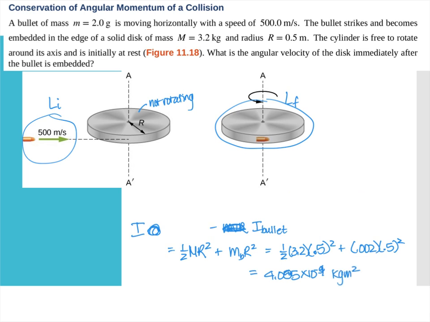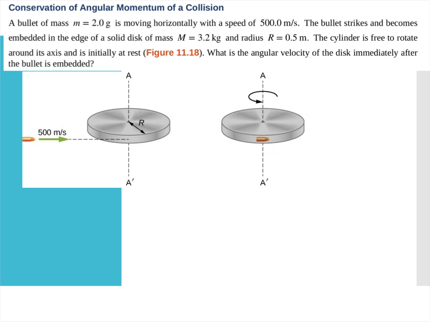Okay, so go to the next page. So the initial angular momentum was 0.5. The final moment of inertia was 4.005 times 10 to the minus 4 kilograms meters squared.